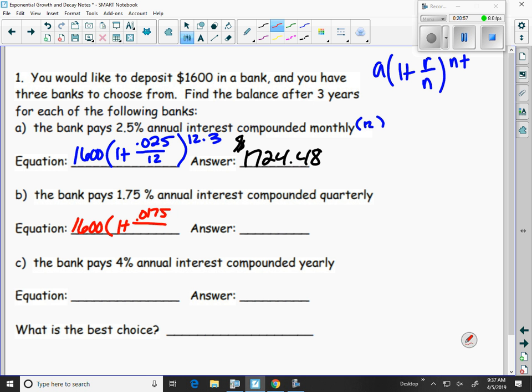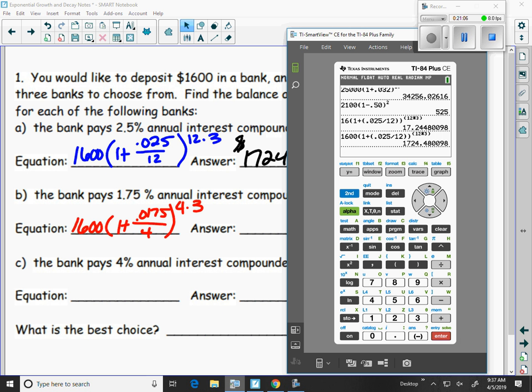All right, this is compounded quarterly. What's my n value? 4. And I'm getting 1686.05.